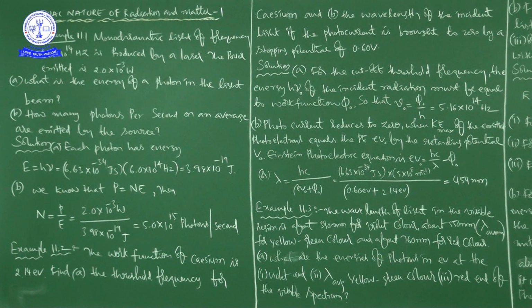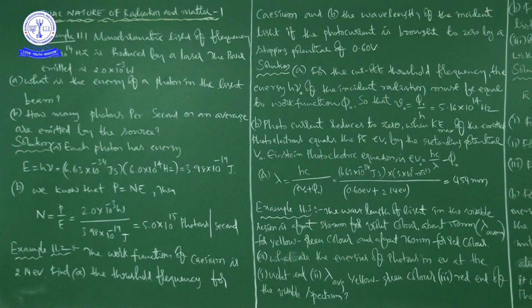They have written some information, it's not a problem. For the cutoff or threshold frequency, the energy h nu naught of the incident radiation must be equal to the work function phi naught.